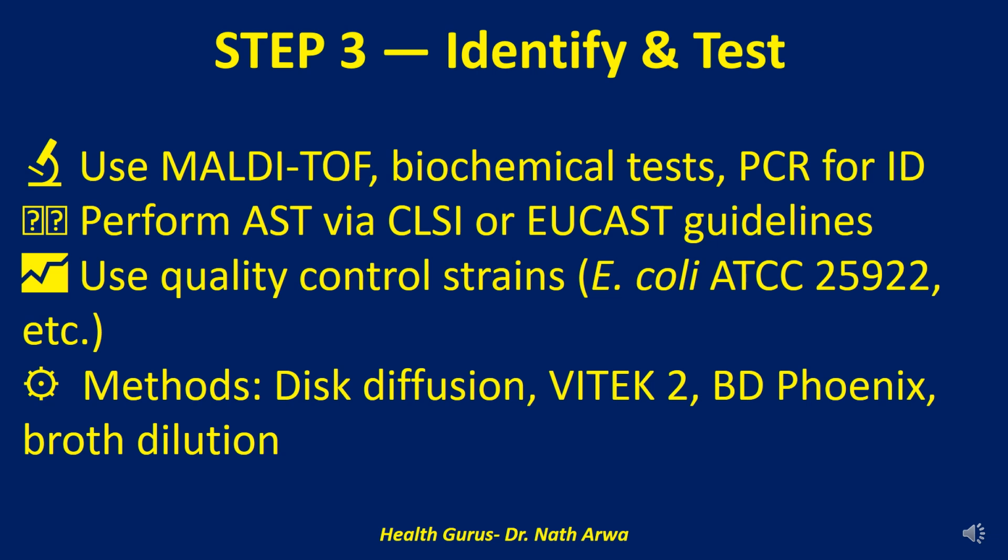Use modern tools like MALDI-TOF mass spectrometry, classic biochemical tests, or PCR-based methods, depending on your lab's capabilities and infrastructure. The goal here is simple: species-level identification with high confidence.